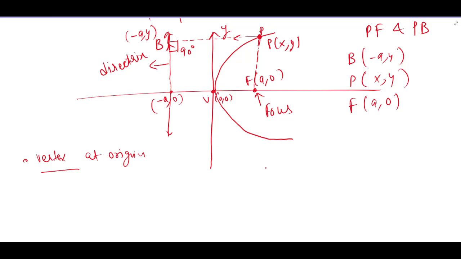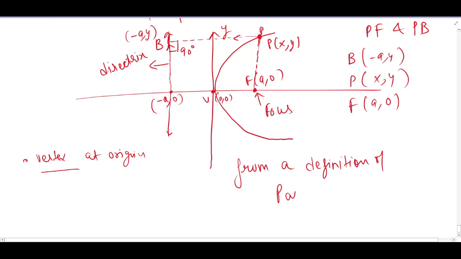Now from the definition of parabola, the perpendicular distance PB is equal to the distance PF.